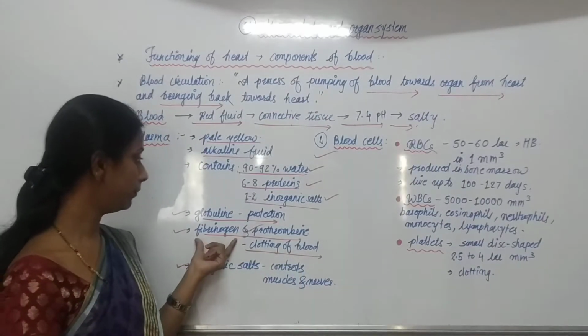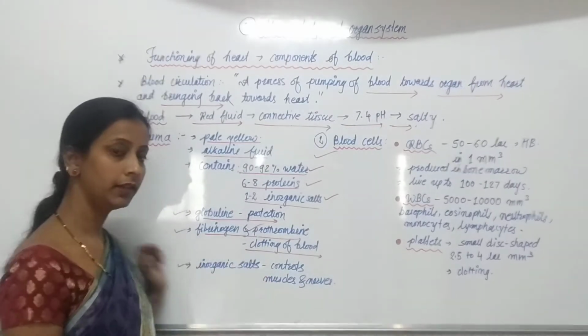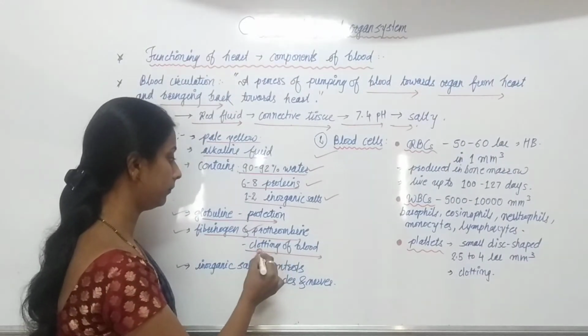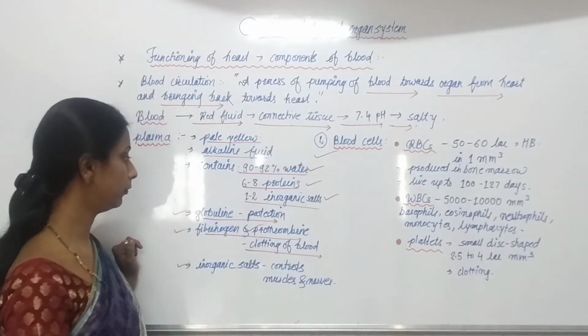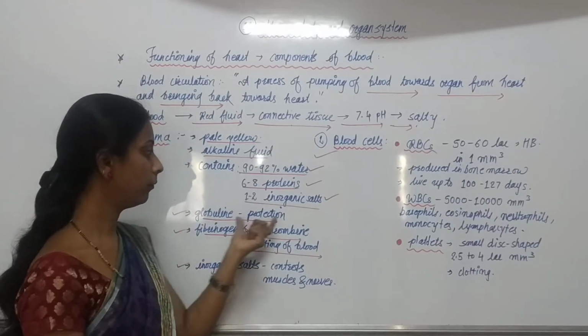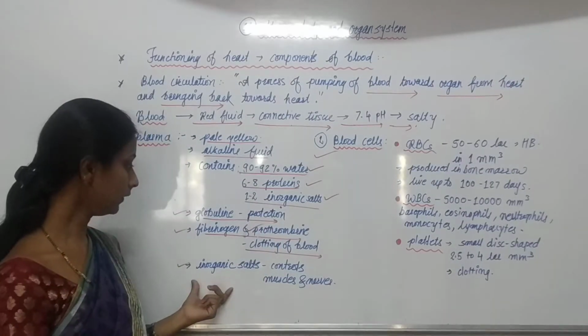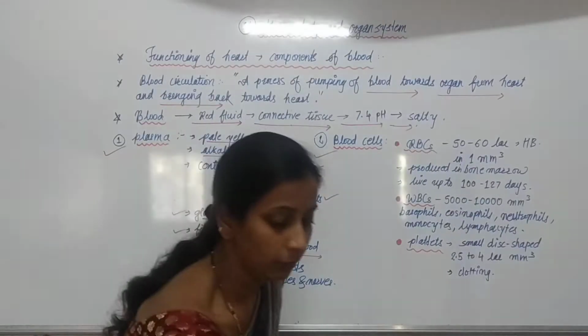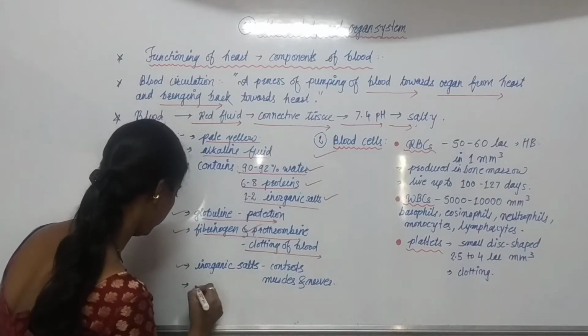Okay, so fibrinogen, prothrombin, and some platelets take part in the process of clotting of blood. Okay, and here globulin protects from pathogen. Now, one more protein is remaining here, albumin.